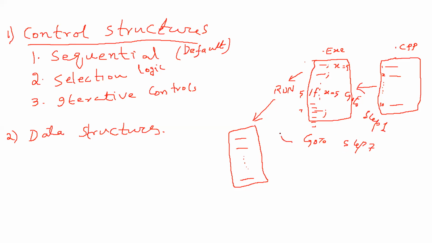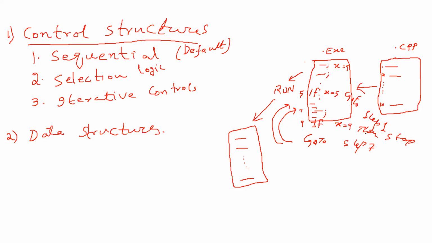This process will continue every time. So when it comes to the last step, it goes to step number 7 and repeatedly occurs. So when will it stop? We can stop it, suppose in line number 10, I write: if x is equal to 9, then stop.